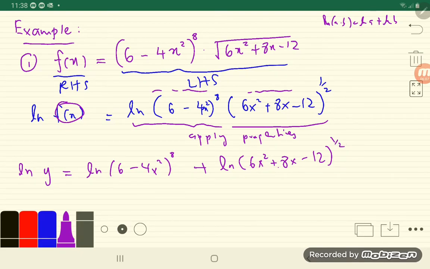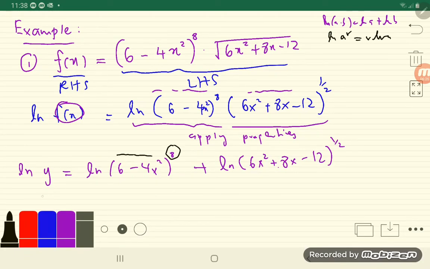Okay, next, what we can do here is apply property number 4, if you still remember: ln of a to the power of r can be changed into r ln a. So here, this is ln, this is your a, this is r.